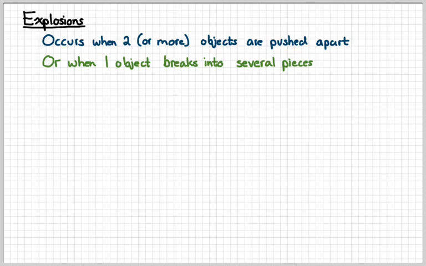That could be by a fancy fireball or something like in a Michael Bay movie, but it doesn't have to be. So here's a real simple example of an explosion. You have two objects, one blue, one red, that push each other apart, and therefore they move in opposite directions. How fast they're going depends on the nature of that explosion.